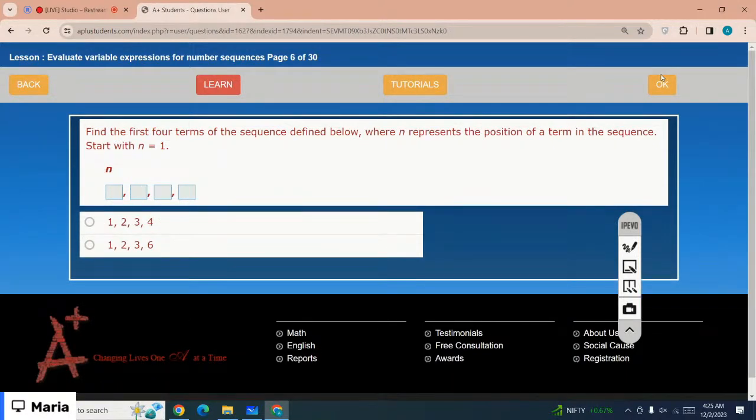Very good. Okay, the next one is find the first four terms in the sequence defined below where n represents the position of a term in the sequence. So, which is the correct option?